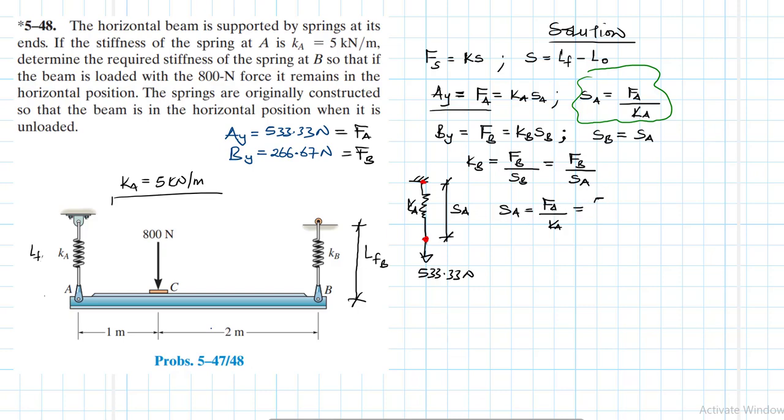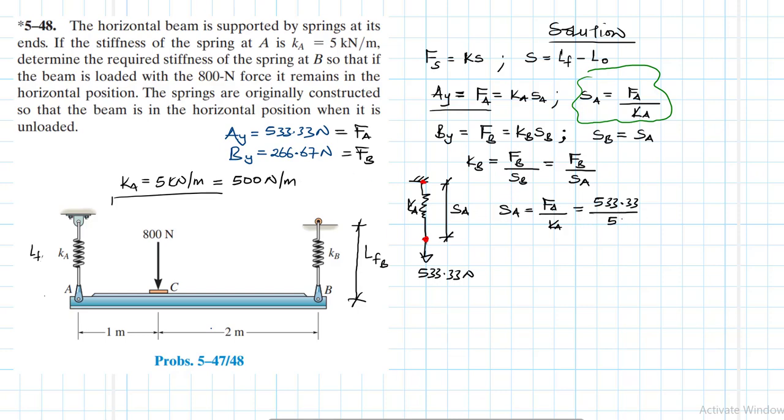So SA is going to be equal to FA. What is FA? It is 533.33 divided by KA, which is 5. But mind you, we need to change this to just newtons. So this becomes 5,000 newtons per meter, because our force is in newtons.